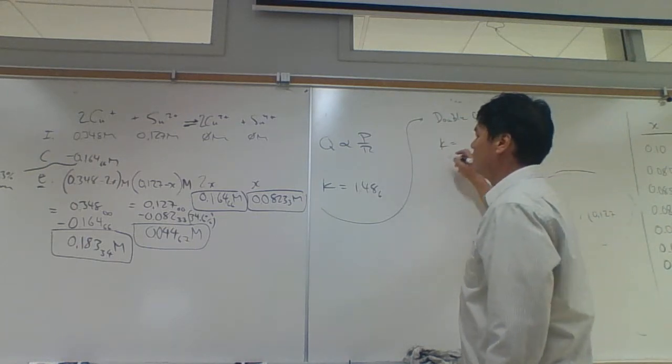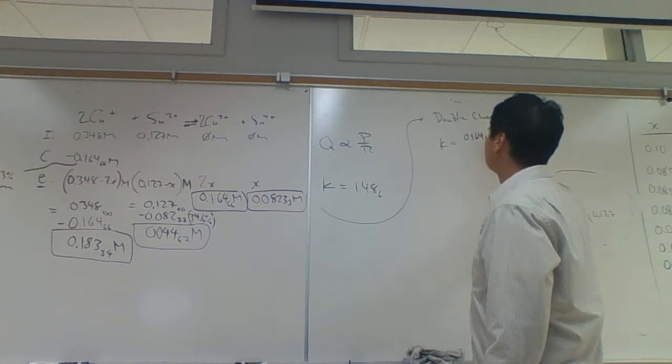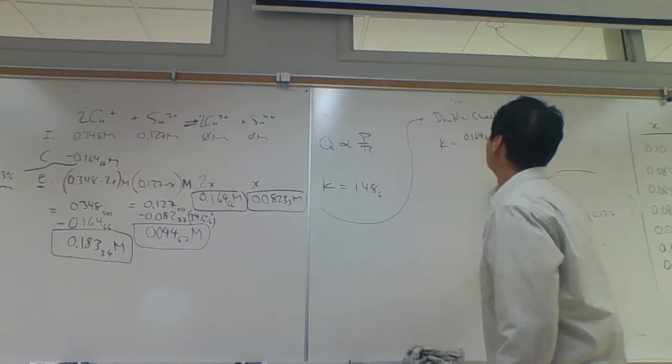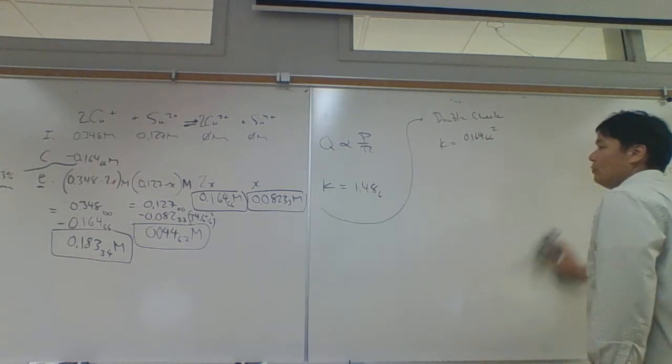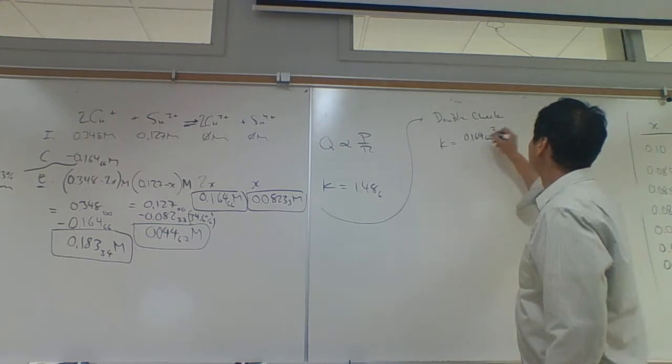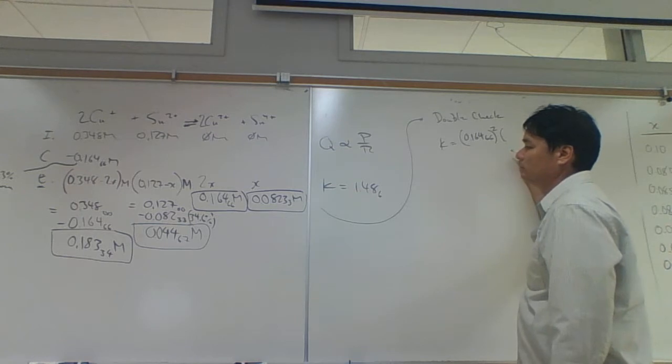K is going to equal the copper 2 concentration at equilibrium, 0.16466 squared, times the tin 4 concentration at equilibrium, 0.08233 raised to the first.